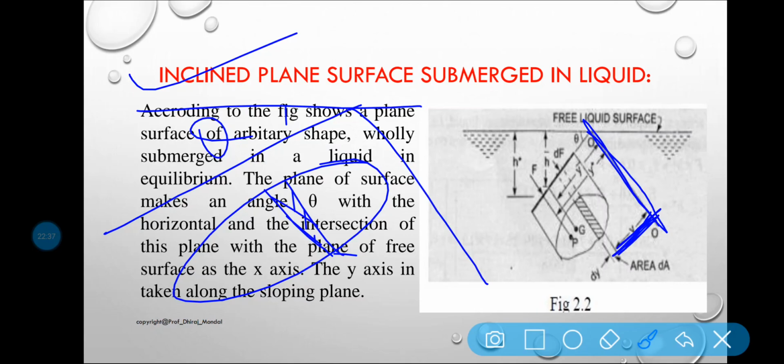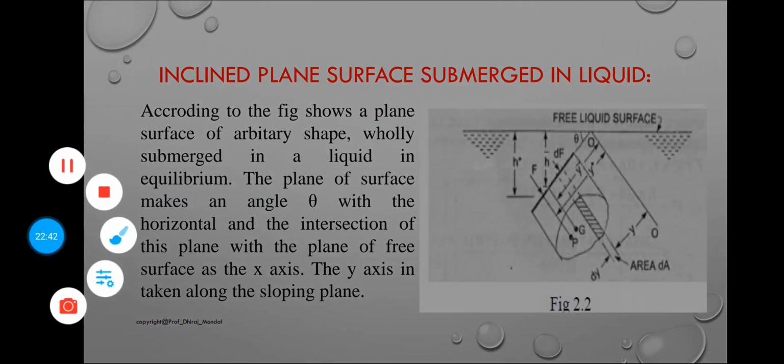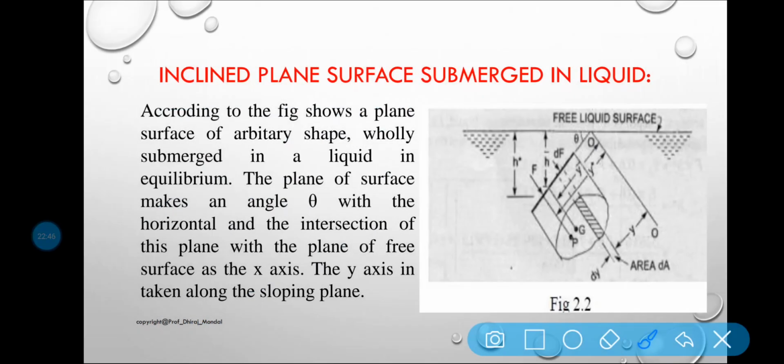Here you can see this is your center of gravity and this is your center of pressure.